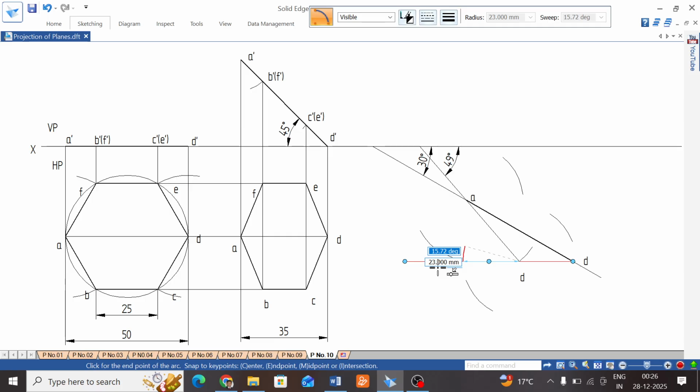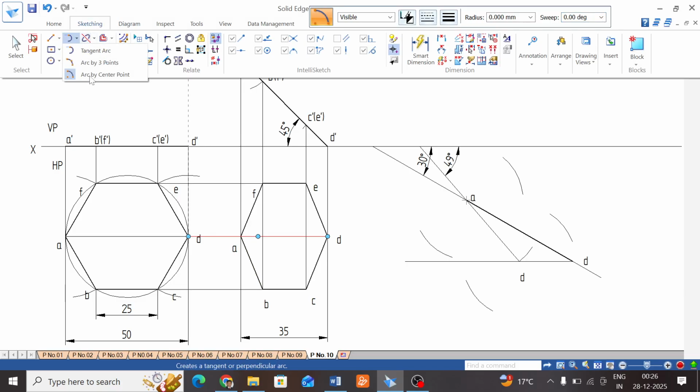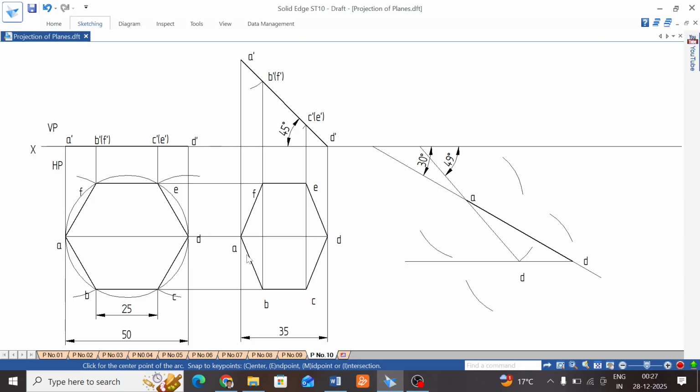Okay, 23, this point also you can cut, from this point also 23 you can cut. Okay, we have drawn this taking first D to E, D to C, A to F, A to B, and next to get intersection, same opposite method, the diagonal.